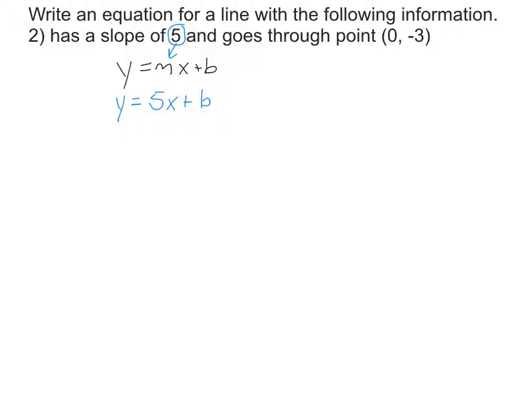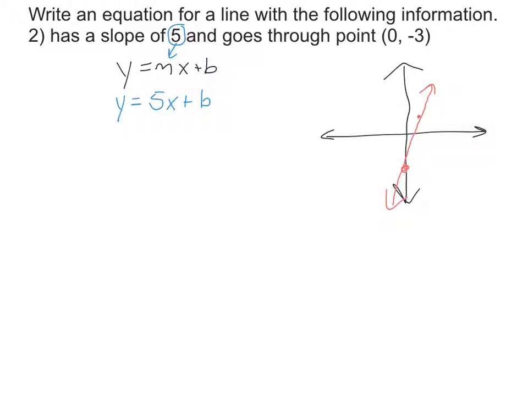We don't know what the y-intercept is, or at least it doesn't say what the y-intercept is. So let's take a look at this. We can do this a couple ways. If I draw myself a sketch, (0, -3) is going to be approximately right there. And then I'm going to go up 5 and over 1, and so right about there is going to be my next point.